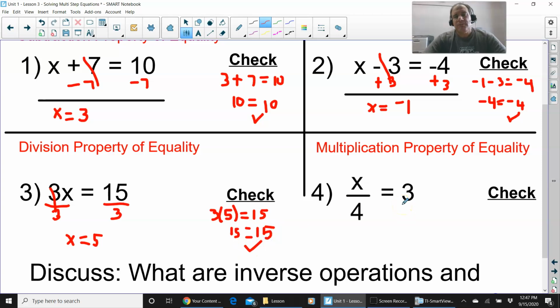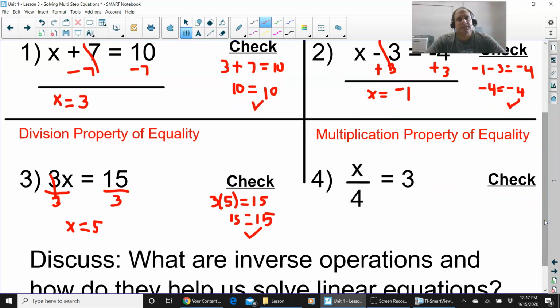All right, so number 4. People have a lot of trouble with this. Right? You can do this a lot of ways, but I'm just going to show you that this is division. It's division. So the opposite of division is what? It's multiplication. So I'm going to put a dot right here, and I'm going to multiply by 4, because you always multiply a fraction by its reciprocal to get them to cancel out.